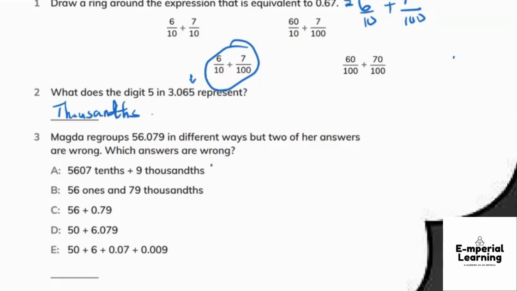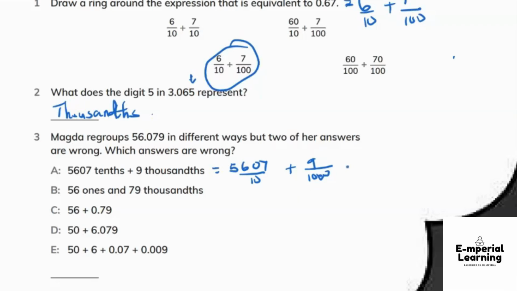Question 3 says Magda regroups 56.079 in different ways, but two of the answers are wrong. Which answers are wrong? Okay, so let's start with A. A says 5,607 tenths. That can be rewritten as 5,607 over 10 plus 9 over 1,000.